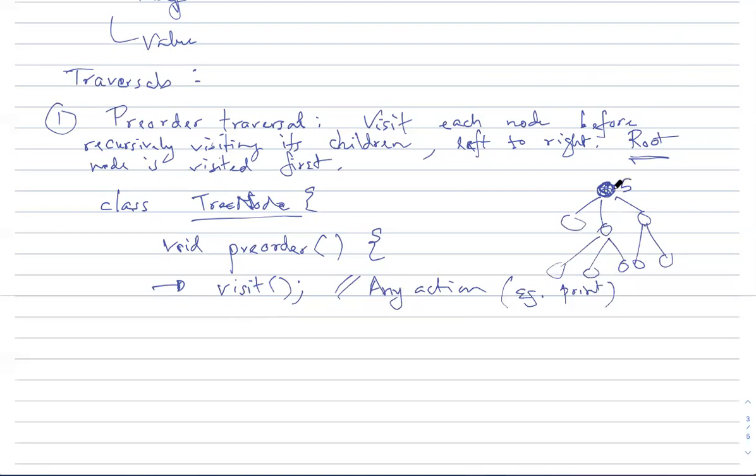After performing the operation, then I start visiting the children recursively. And how do I recursively visit the children? You check first if first child is not equal to null, then you call pre-order on the first child.